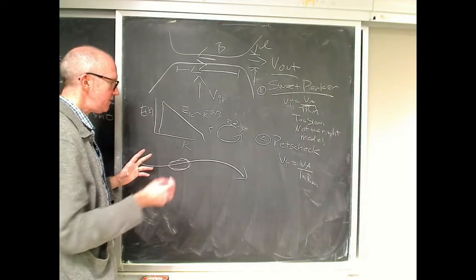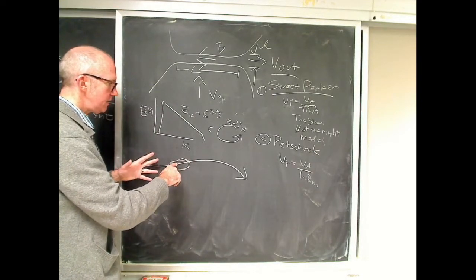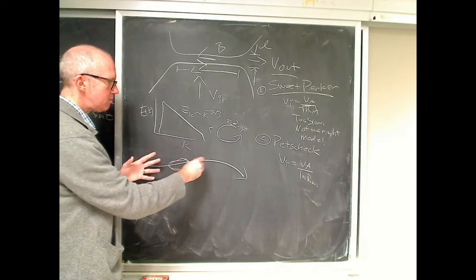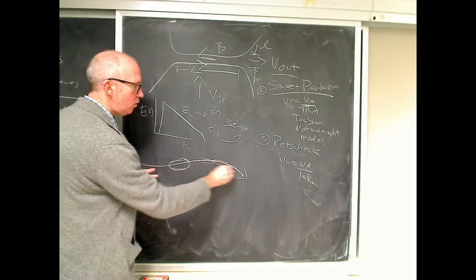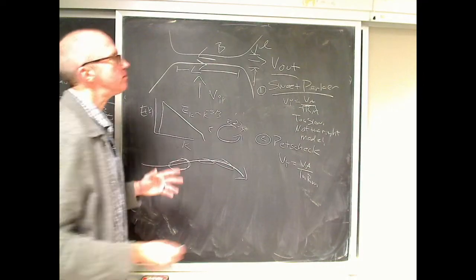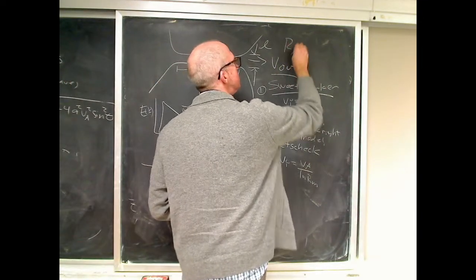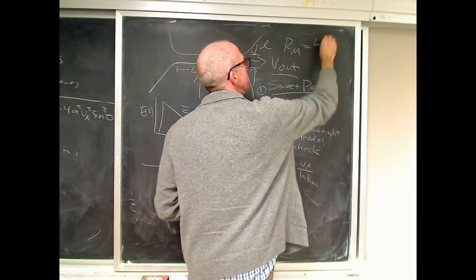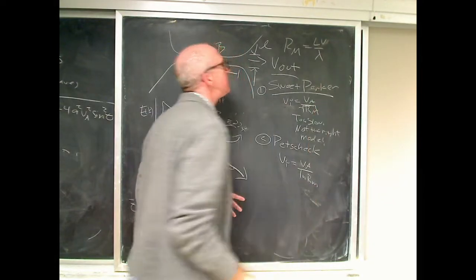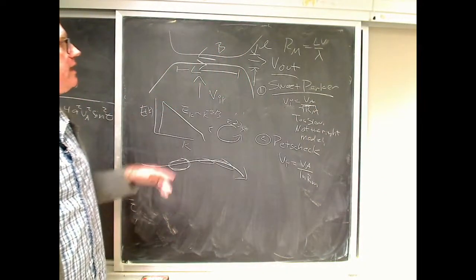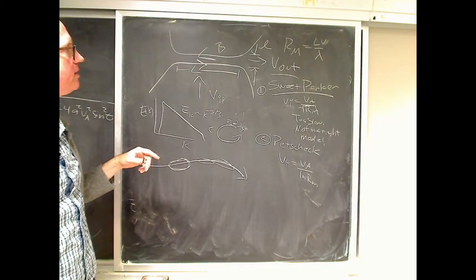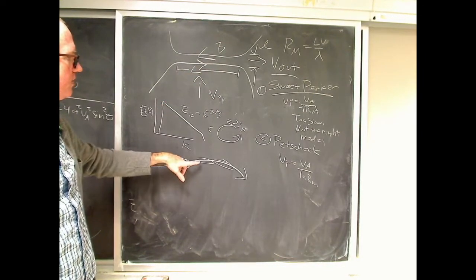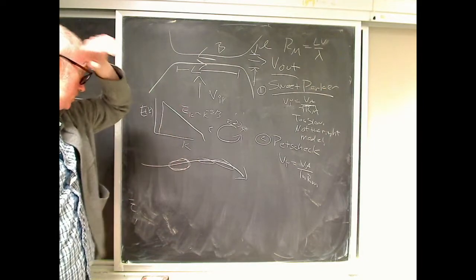If I look at it in one direction, as I get to smaller and smaller scales, the magnetic field becomes more and more important. Because if you look at the magnetic Reynolds number, LV over lambda, as L goes down relative to the lambda, the magnetic field starts to become more important.